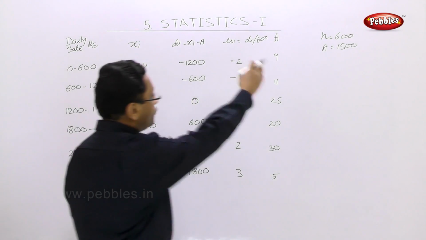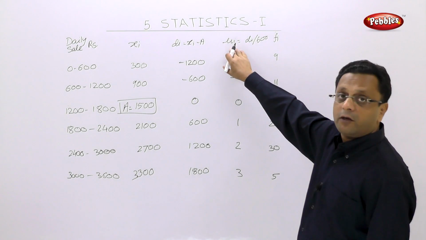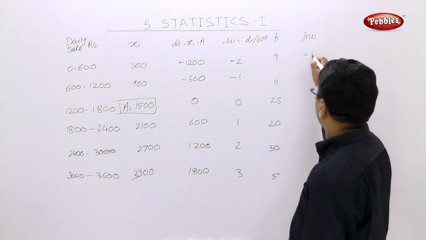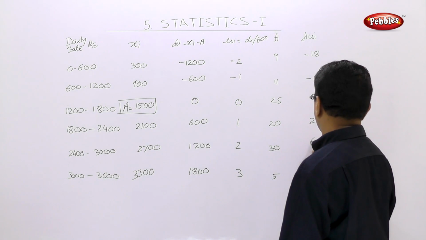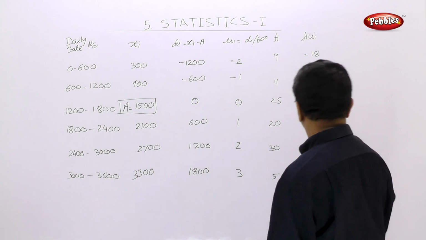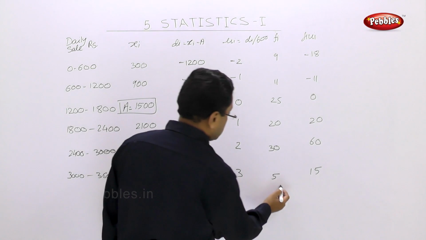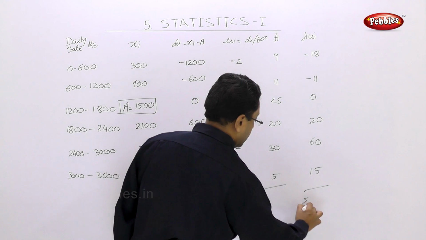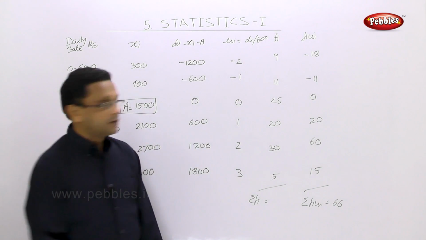Right? Now I have to find fi ui. Now find the summations, sigma fi and sigma fi ui. This is 66 and this is 100.